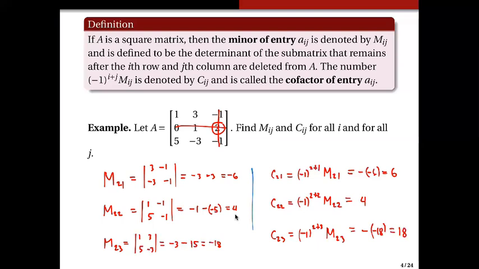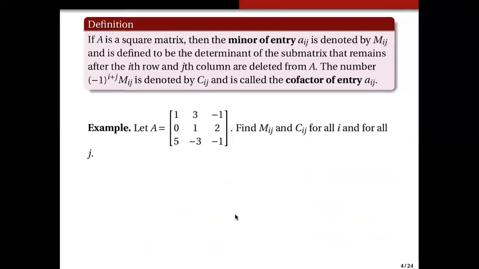Now let us look at the third row entries. So we have M31. This is the 31 entry, third row, first column, so we delete this row and this column.